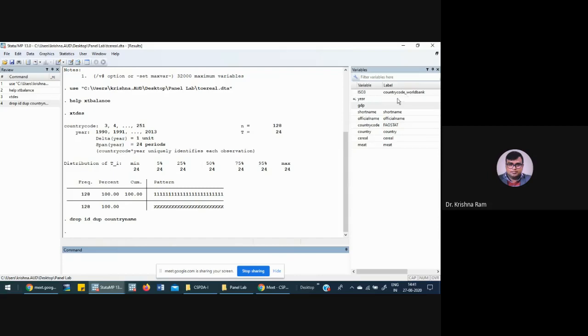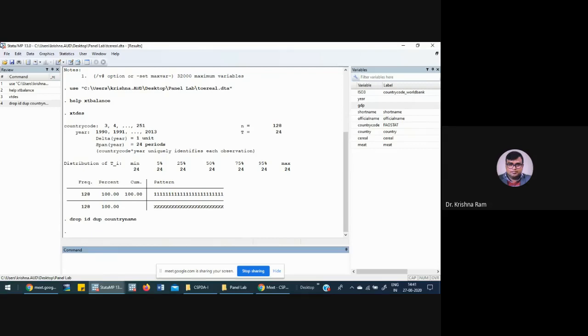ISO3 is the country code provided by the World Bank, and FAO country code, which is the numeric country code, named as country code. That's okay.